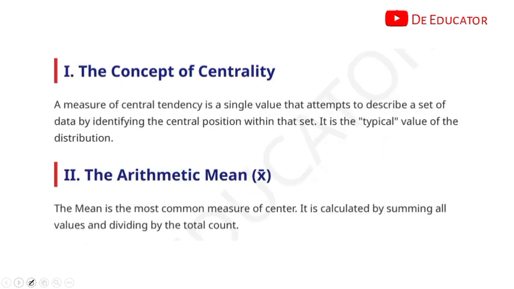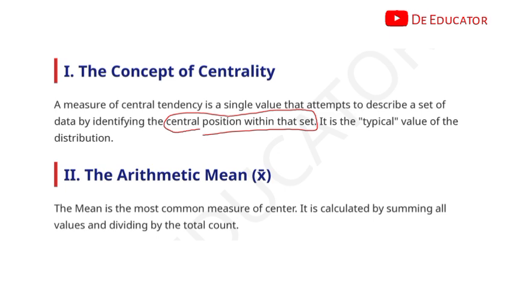Now moving on to the next, the concept of centrality. A measure of central tendency is a single value that attempts to describe a set of data by identifying the central position within that set. It is the typical value of the distribution. From this definition, there are already two exam questions that can come out: what is the typical value of a distribution?